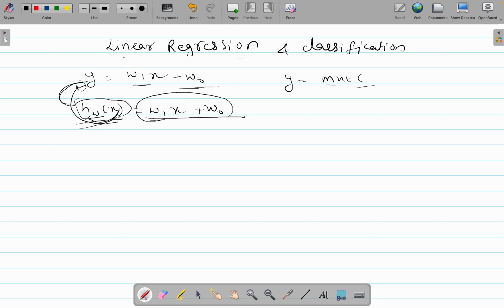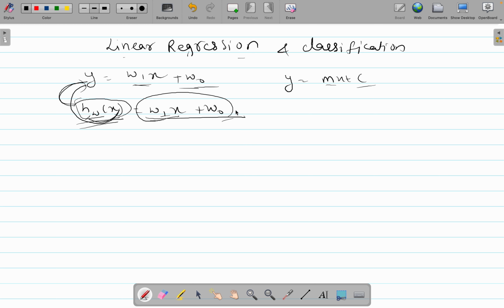So now the task is to find h_w that best fits this data. This is called linear regression. To fit a line to the data, all we have to do is find the values of the weights. If we find the values of the weights, we are done. And it's not just about finding the values, we have to minimize the loss.